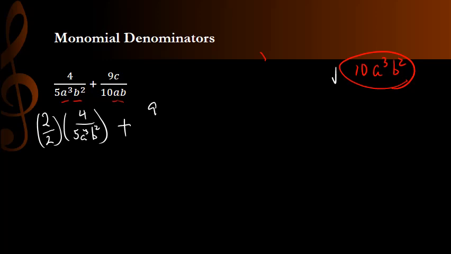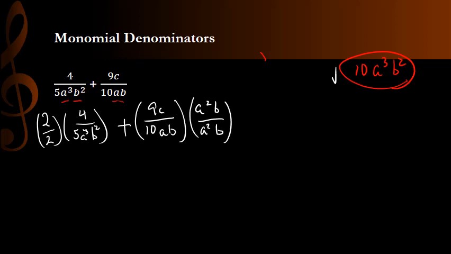So let's see, we've got 9c over 10ab. Well, a squared times a squared b would get me there, right? So if I multiply by a squared b over a squared b, that really reduces to just 1, just like 2 over 2 reduces to 1.